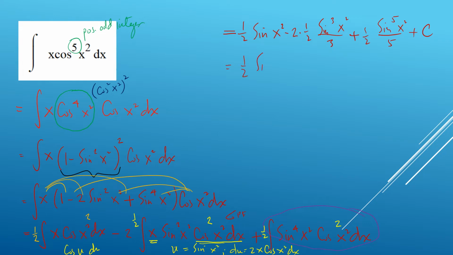So 1/2 sine of x squared minus, the 2 will cancel, 1/3 sine cubed x squared plus 1/2 times 1/5 is 1/10 sine to the 5th x squared plus c. And so that is our final answer.